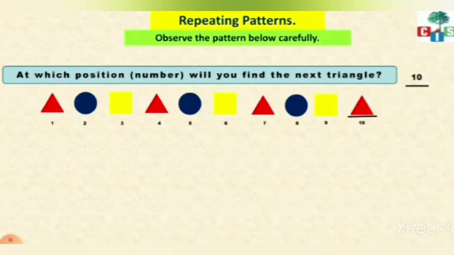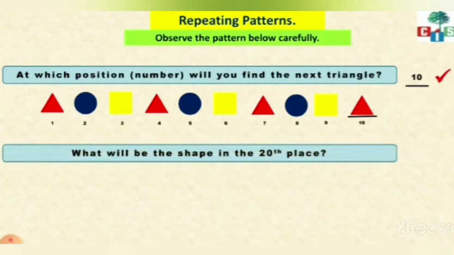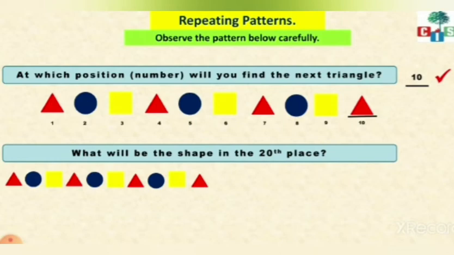Now let's see the next one. What will be the shape in the 20th place? Now let's check. Triangle, circle, square. Triangle, circle, square. If you look carefully, the shapes are repeated. Triangle, circle, square. Triangle, circle, square.